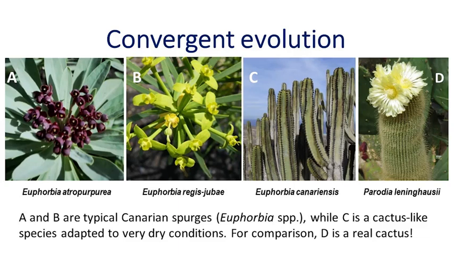Several Canary Euphorbia species have evolved into cactus-like forms adapted to drought, even though true cacti belong to an unrelated family. Both arose by convergent evolution, whereby similar adaptations, an optimal design solution, have arisen independently in different groups that do not share a common ancestor with the same trait.